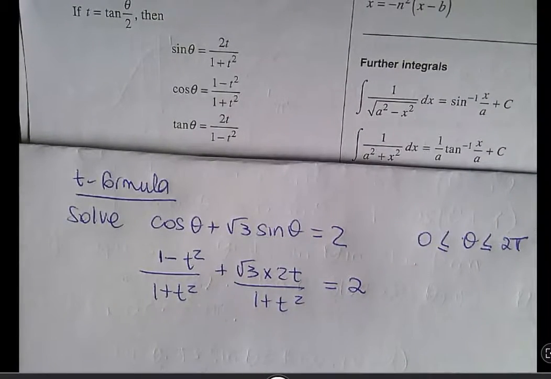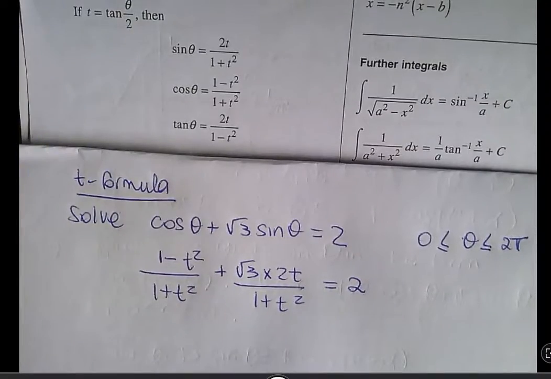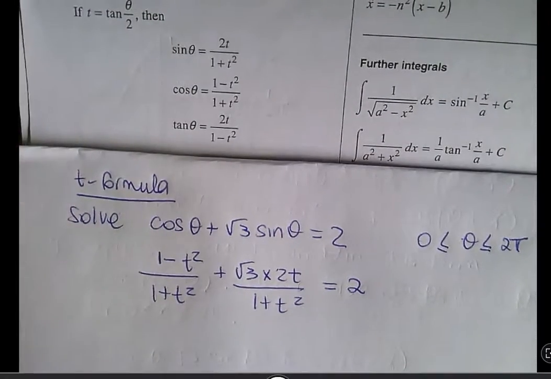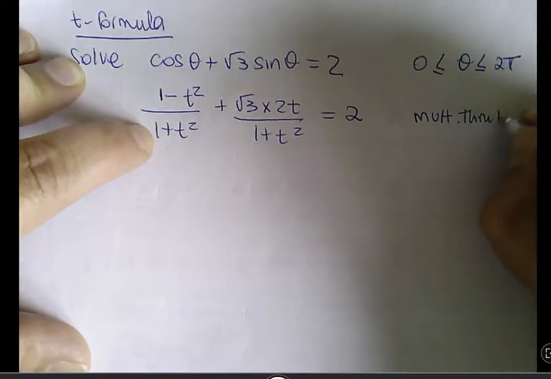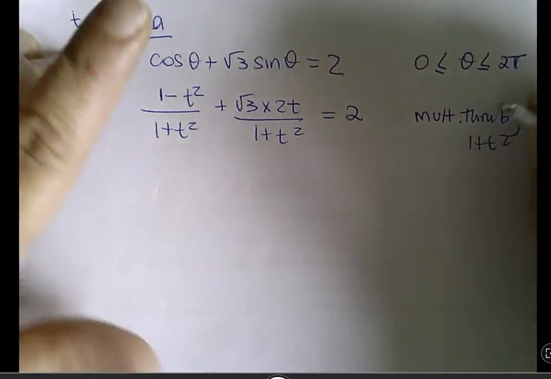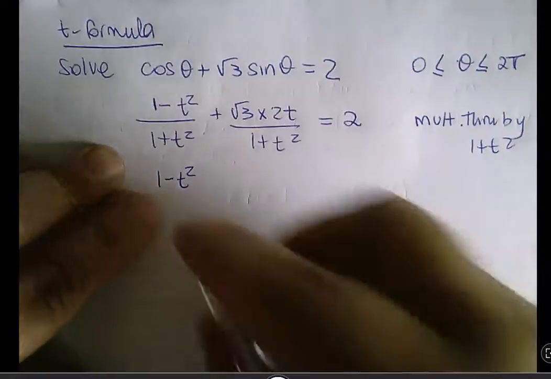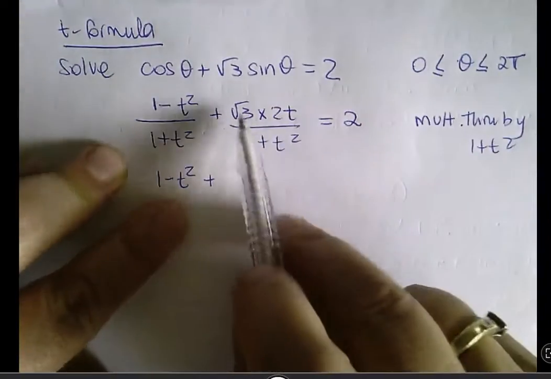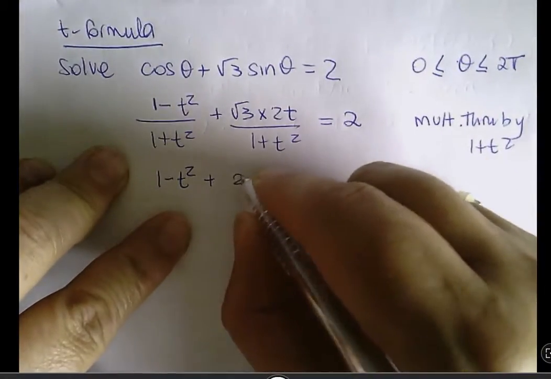So you're replacing the sine theta and the cos theta both with their t formula expressions. Denominator's all the same. You can multiply through by 1 plus t squared, which will eliminate the denominator. You'll get 1 minus t squared plus root 3 times 2t, which is what?